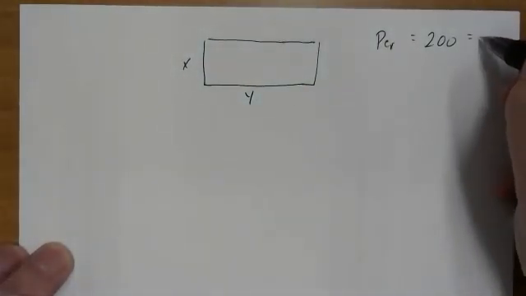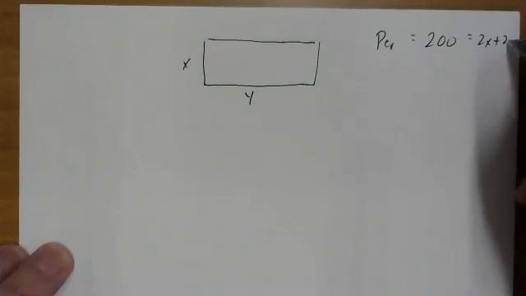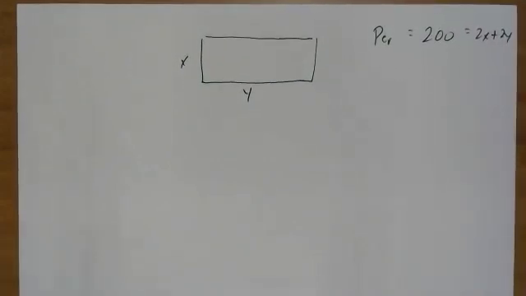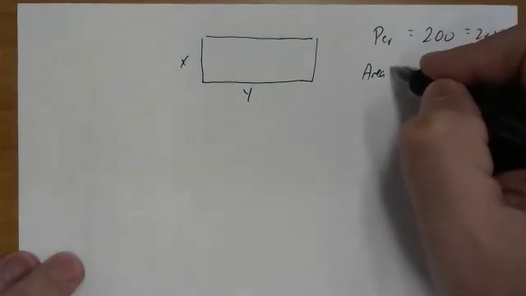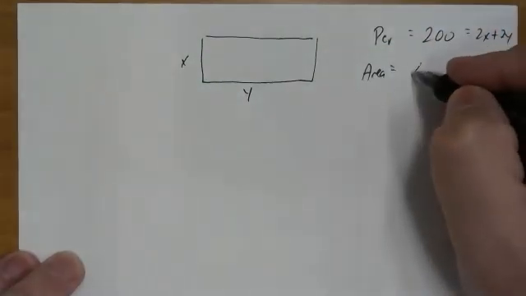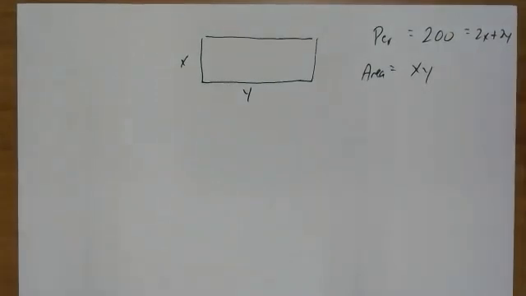So hopefully you can see that it's 2x plus 2y. Now they want to maximize the area. Area is just going to be x times y.